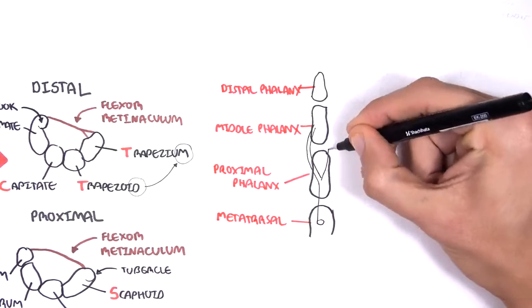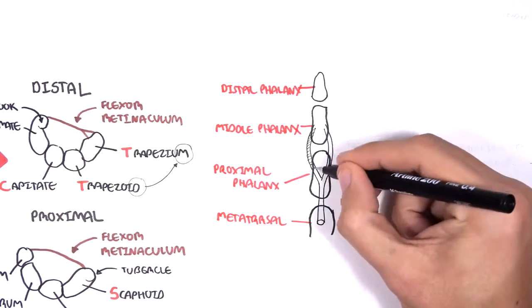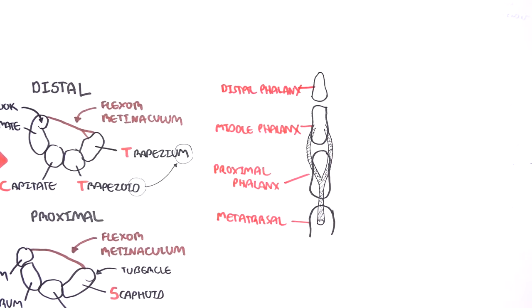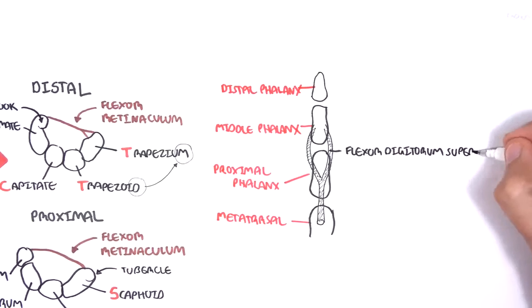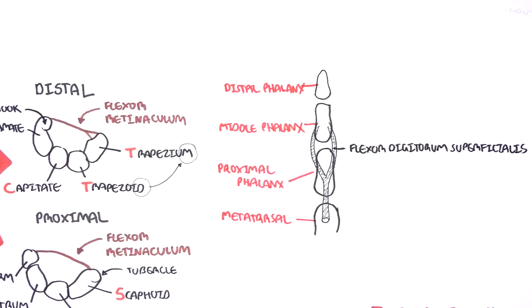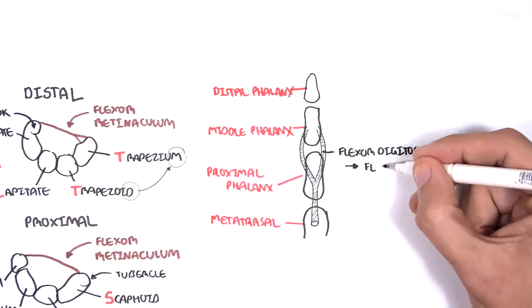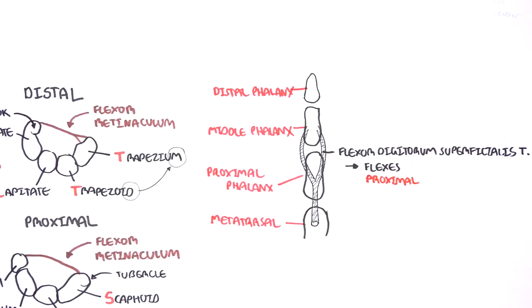See, the flexor digitorum superficialis tendons run towards the proximal phalanges, then bifurcate and attach to the middle phalanx. And so we can say that the flexor digitorum superficialis tendon flexes the proximal interphalangeal joint.